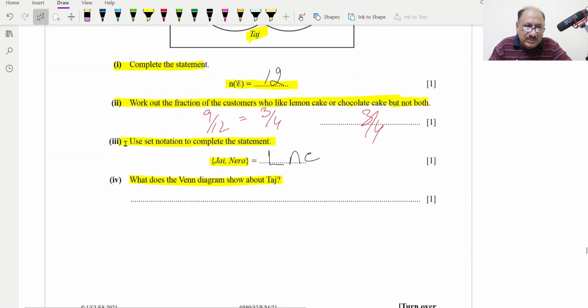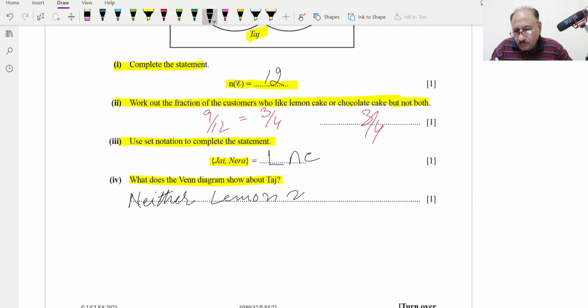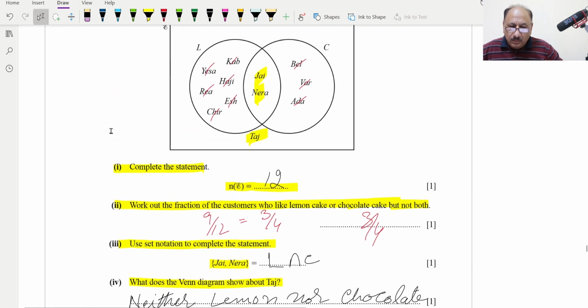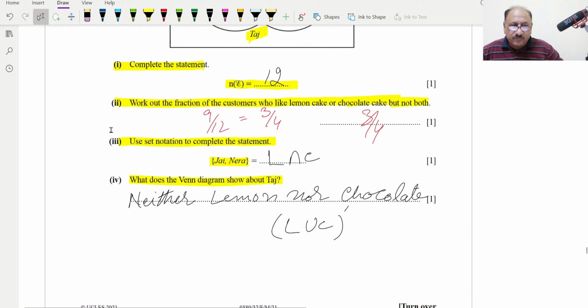So we can say neither lemon nor chocolate, or we can write L union C and complement. So basically L union C and complement will be this outside region, which we have written over here.